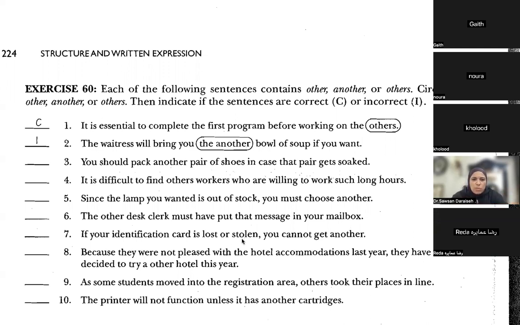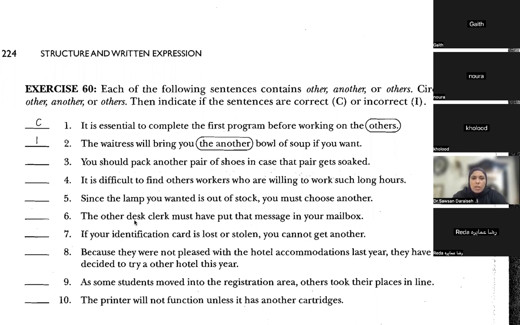You might ask one of them, did you send me a message? You find a message on your table, like a little note. And then he says, no, I didn't send you that. The other desk clerk, like the other person who works at the office, that's what a clerk is, a person who works in an office, must have put that message in your mailbox. It wasn't me, all right? It was the other desk clerk, probably, who did that, okay?